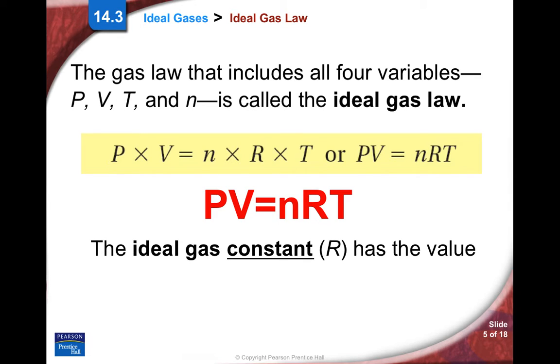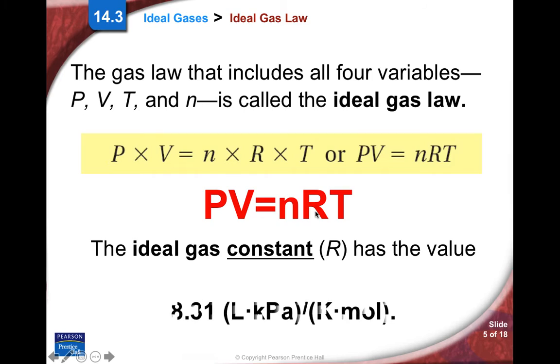And the only thing that we have to have in here to get number of moles times temperature, Kelvin, to equal pressure times volume is a little fudge factor called the ideal gas law constant. They use a capital R. I don't know why. I wish I could tell you.